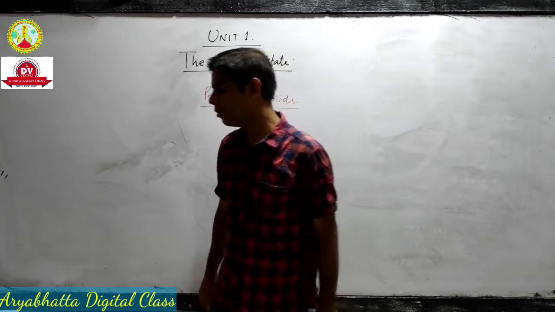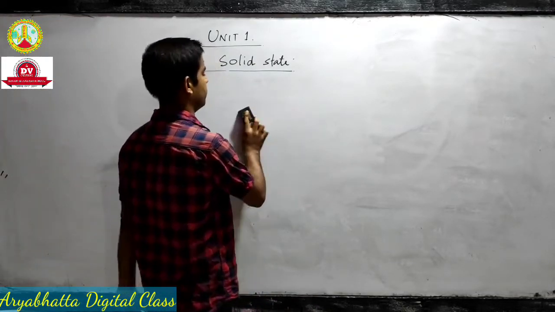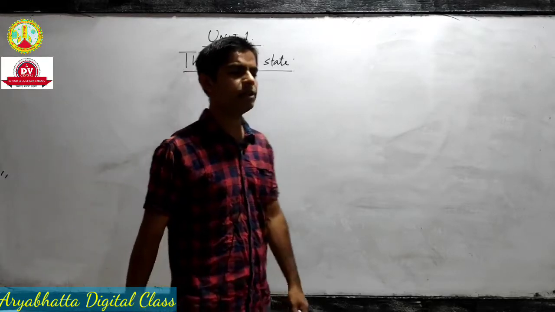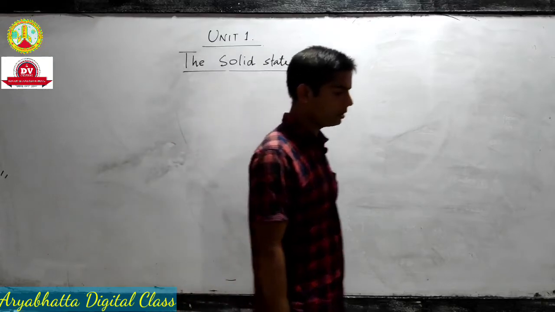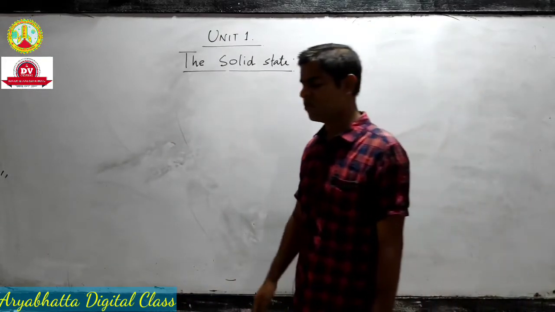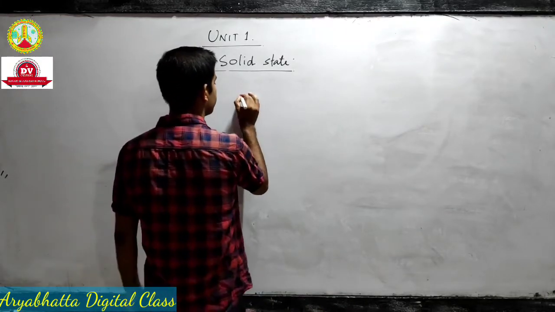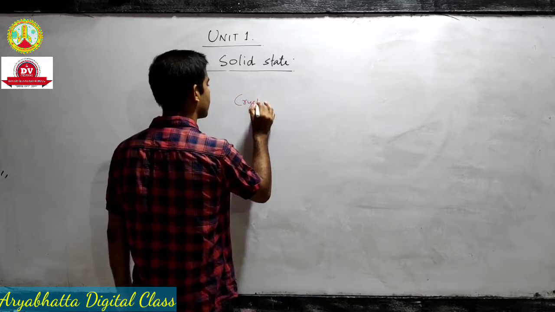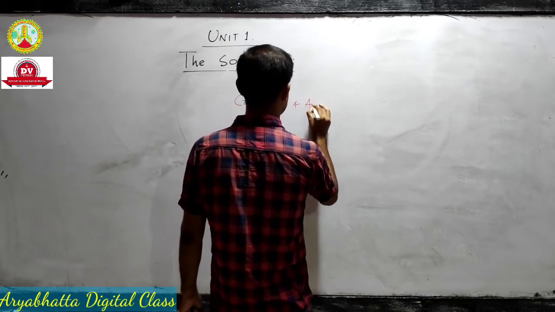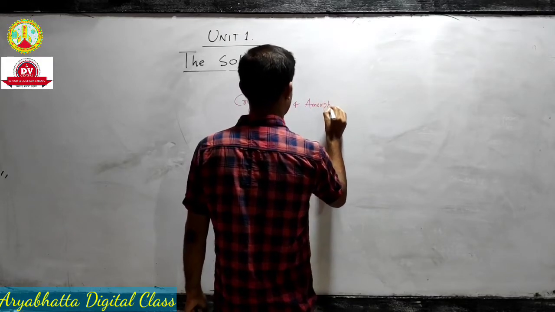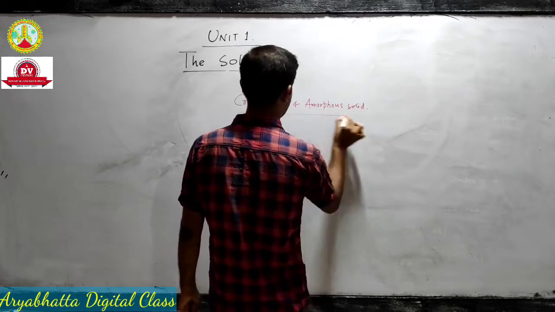Now we will see whether there is any classification of solids. Yes, there are different types of solids. The first classification is crystalline solid and amorphous solid.